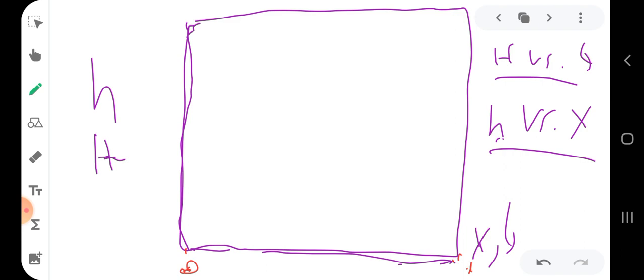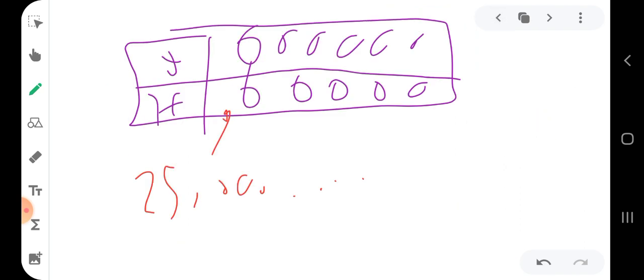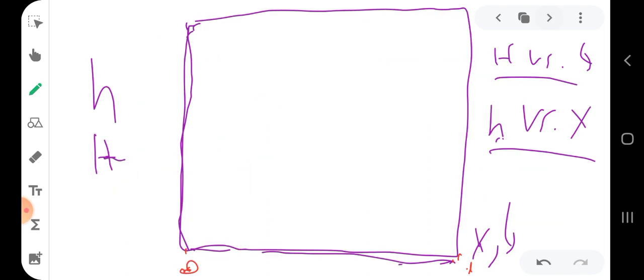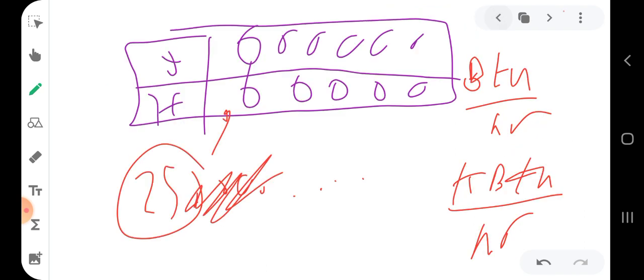So what we usually do, for example, if this is in BTU, British thermal unit per hour, to simplify the graph you can change the unit. For example, use kilo BTU per hour, so this will be only 25, and you can draw it easily here. So this is just a suggestion for the scale. You can choose your own scale, but make sure it is a small scale so things become easier for you.